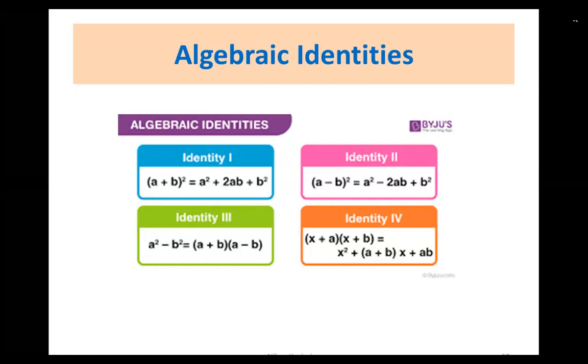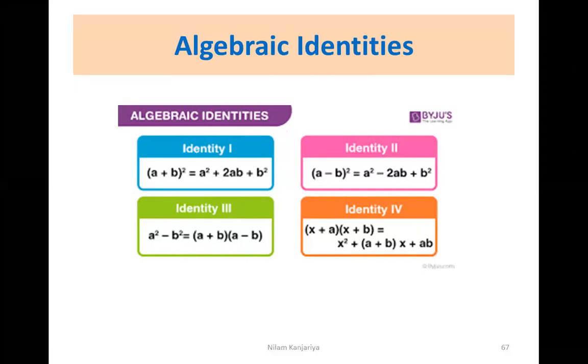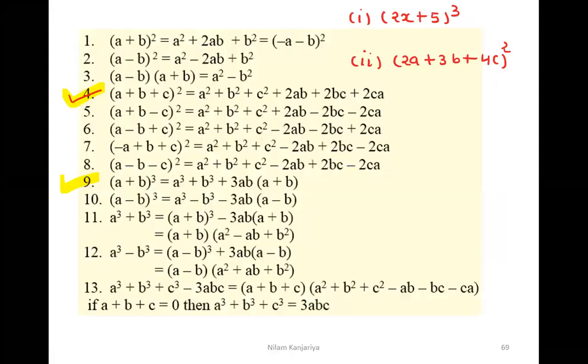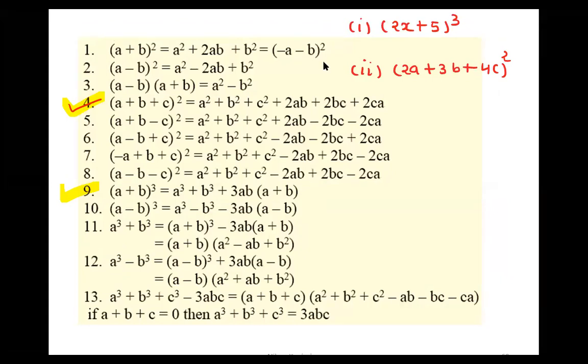Look at the screen. First of all, there are 13 identities on your screen. You just remember the identities of the positive numbers only.